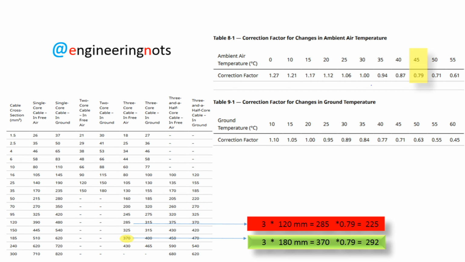This value is sufficient for our load, which is the electric motor. The mistake many people make is ignoring the cable correction factor. As a result, they choose the wrong cable and later are forced to replace it, which carries a high economic cost. This method is called the allowable current method.